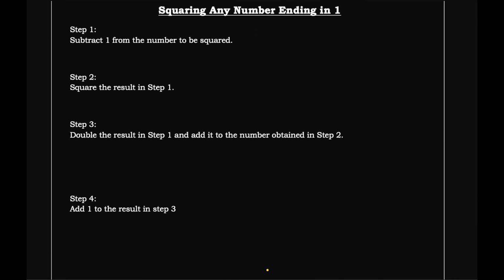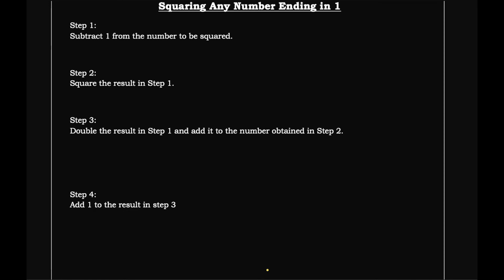Let's try another example. Another example would be a number ending in 1. I have here, let's say, 71. So what is 71 squared? That's the question that we would like to answer. Step number 1 says subtract 1 from the number to be squared.